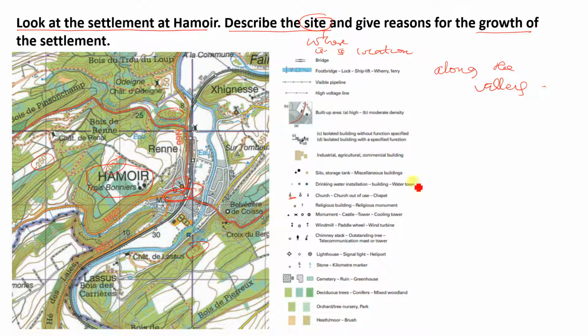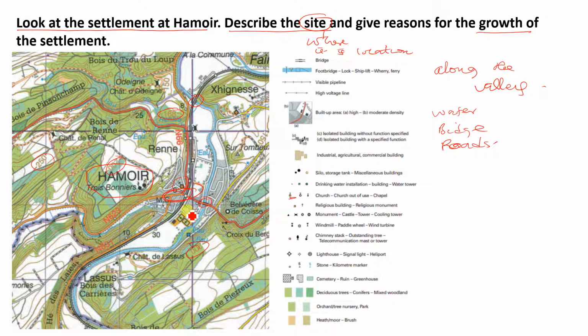All the roads here give accessibility. You have a bridge here. You have water. This is another bridge. So things like water, bridges, roads, road junctions, where most of the roads meet. All this will help the growth of a settlement.